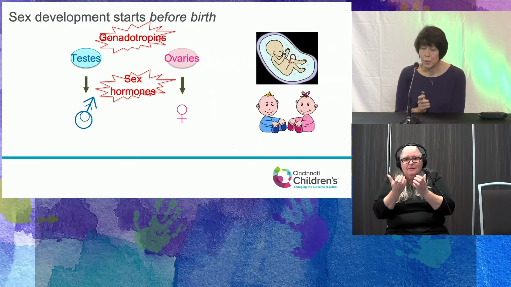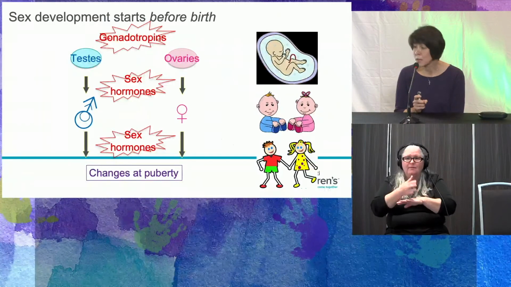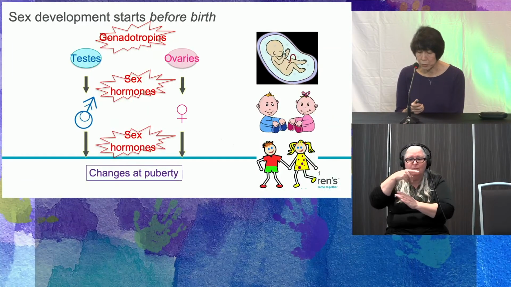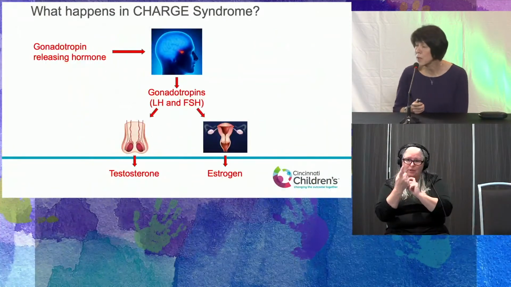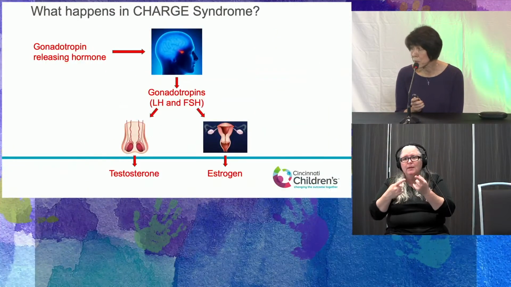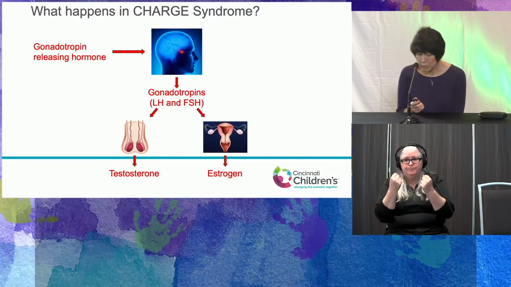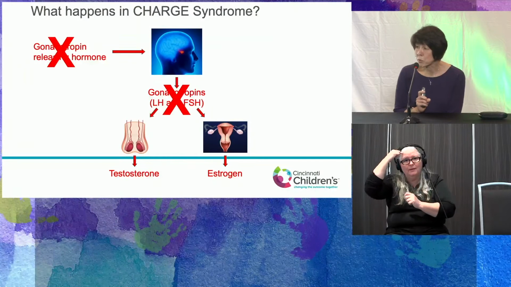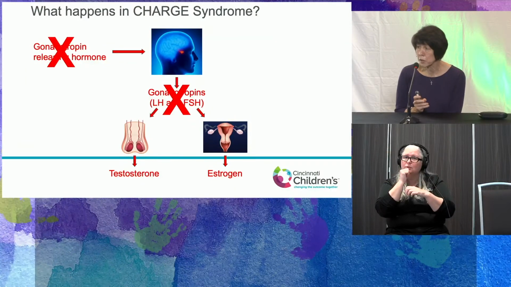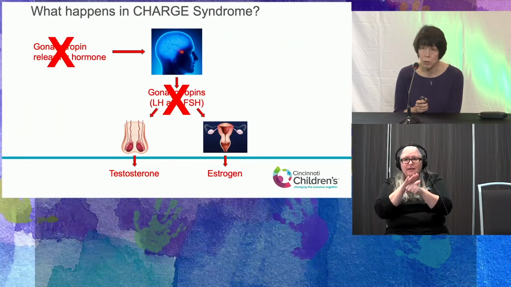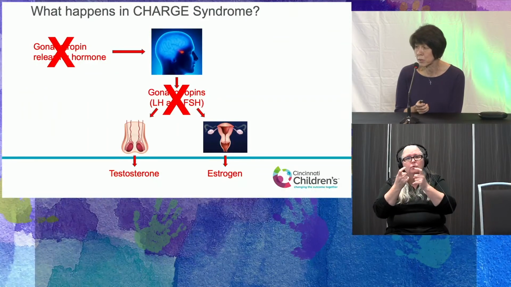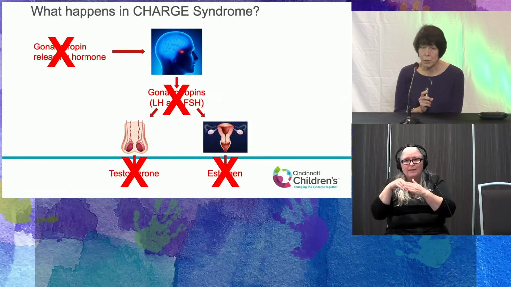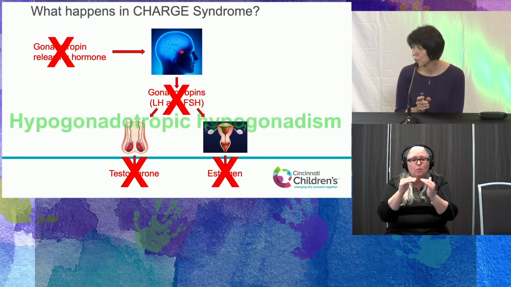After that, things tend to be quiescent, and then sex hormones kick in again at puberty, bringing about the changes that we're familiar with. So what happens in CHARGE syndrome, coming back to that pathway that starts in the brain? People with CHARGE syndrome often don't make enough, if any, of the hormones in the brain that control puberty and sex hormone production. And that results in low levels of sex hormones.